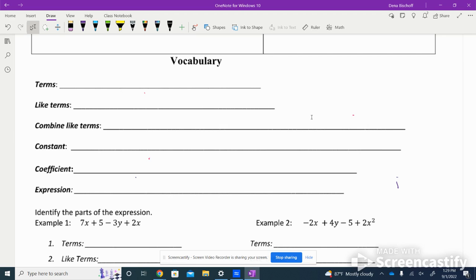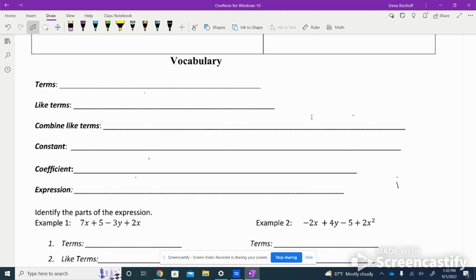An expression is when you add or subtract terms. This is an expression. This is a bunch of terms joined by addition and subtraction signs.